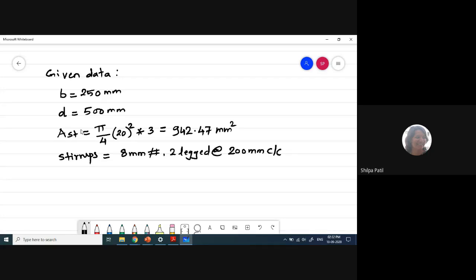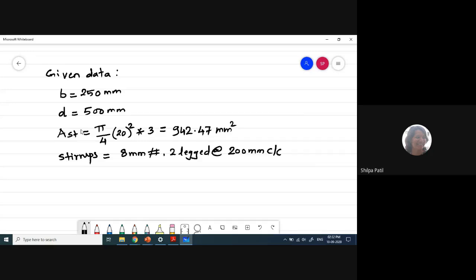As we have discussed in yesterday's problem, while discussing the design steps for shear reinforcement, the entire shear force acting on a beam is carried by different materials. Some component of the total shear force will be resisted by the concrete, and some component of the shear force will be resisted by the reinforcement.